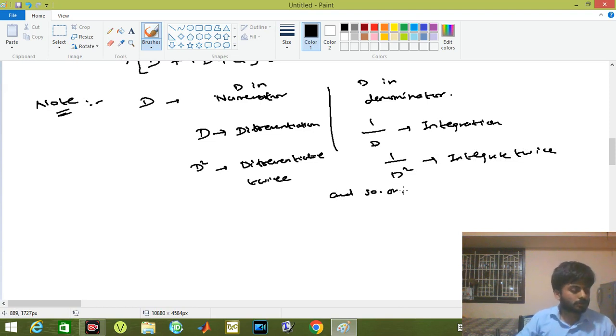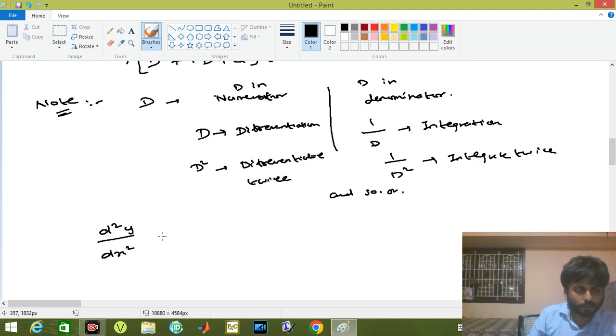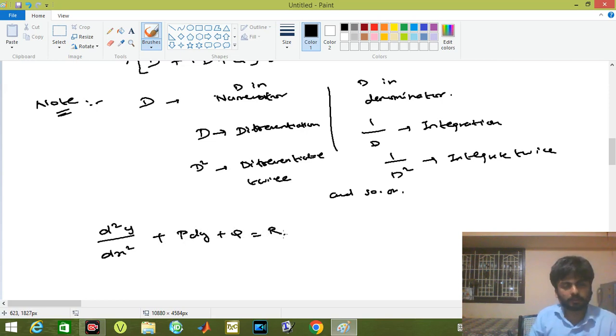Okay, so now suppose we are having a second order equation like d square y by dx square plus p dy by dx plus q y equal to r. Then how will you write this in operator form?